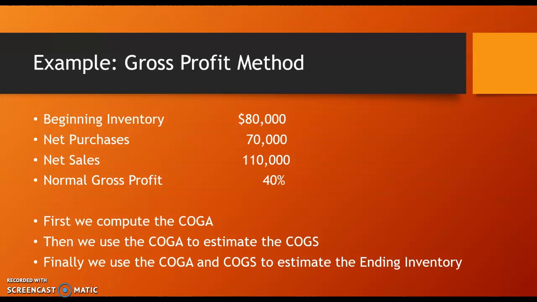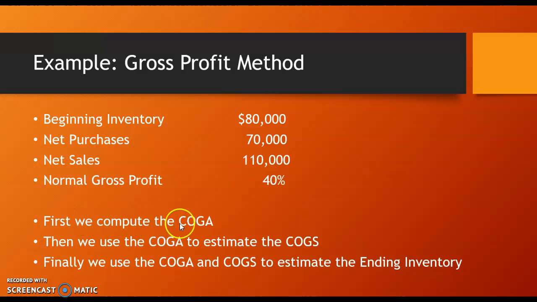So here's an example that we're going to go through. We have beginning inventory of $80,000. We have net purchases of $70,000. We had net sales of $110,000, and our normal gross profit is 40%. Now there are several steps that we're going to go through.